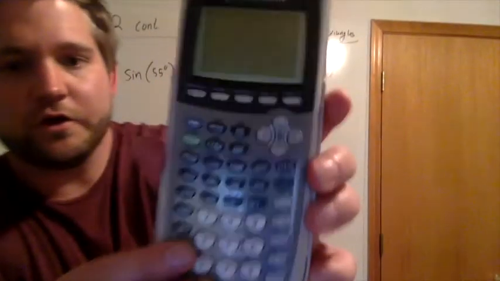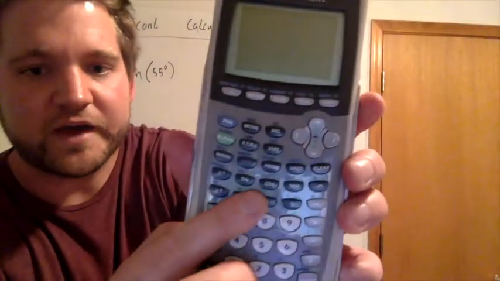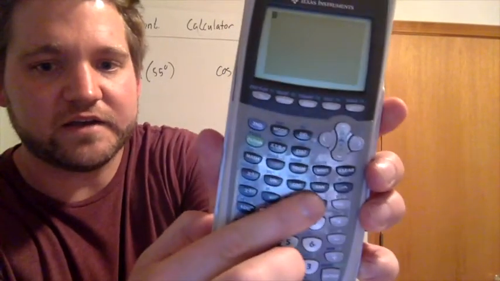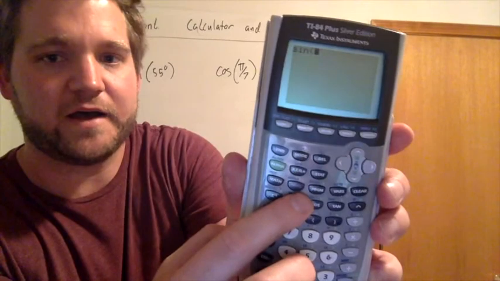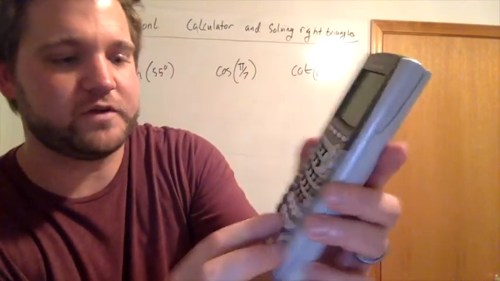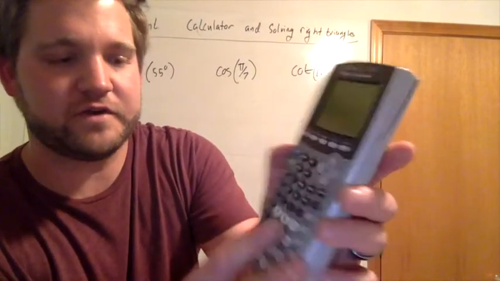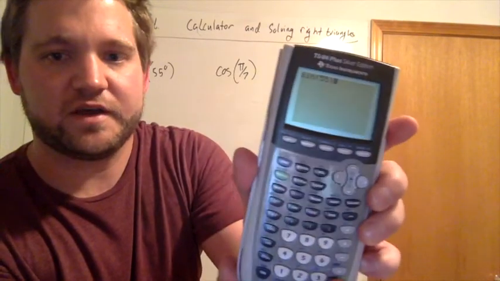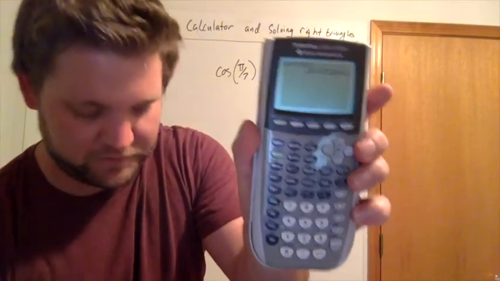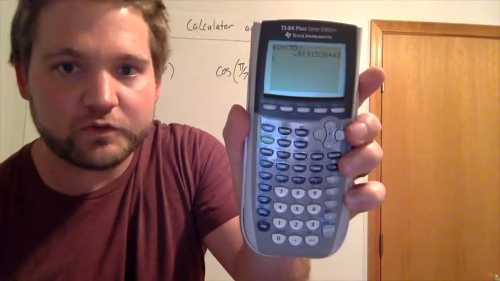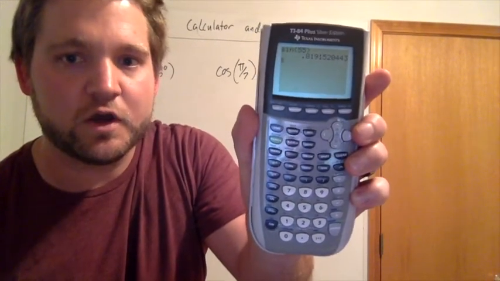For the trig functions, notice we have sine, cosine, and tangent. Let's start with sine. If I want sine of 55 degrees, I'll push 55, close the parenthesis, and hit enter. Rounding to 3 decimal places, sine of 55 degrees is 0.819.